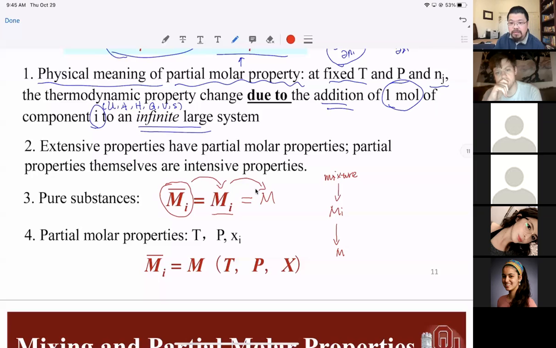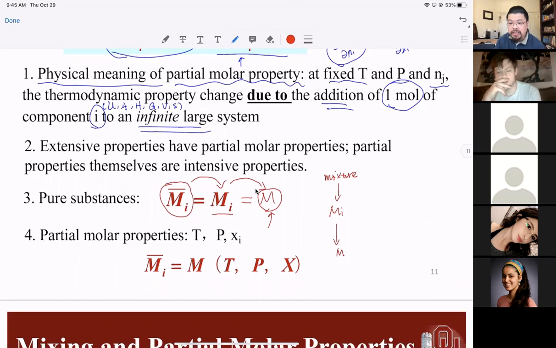subscript. So on top, when you listed all the M's, what's the difference between Mi pure and M? Well, if I have this M, I have to tell you this is the pure component. I have to explain to you so that you know this is the pure substance property.